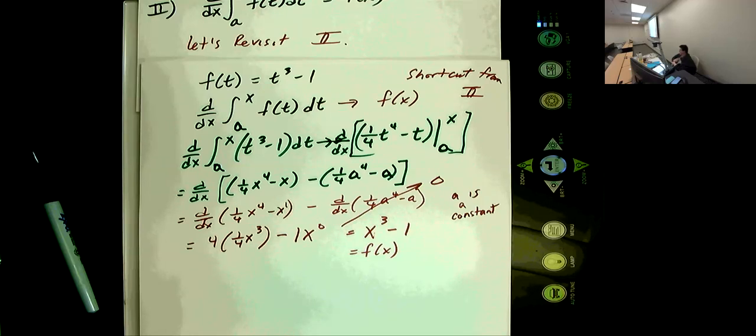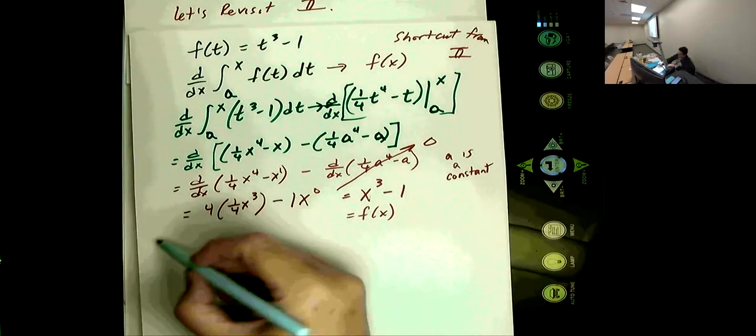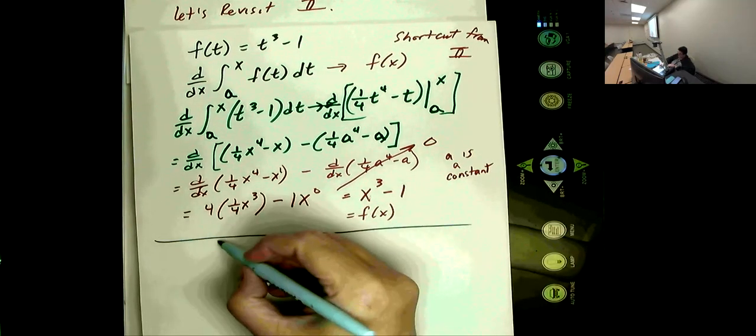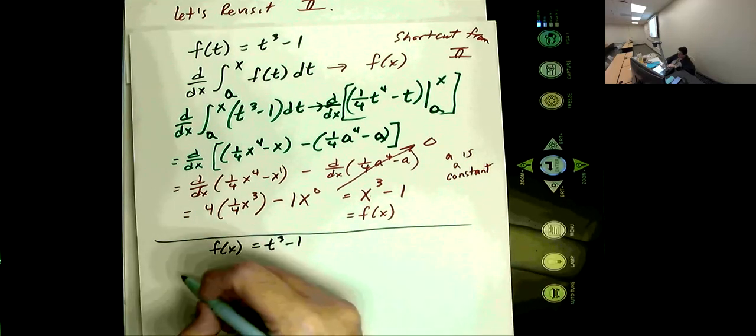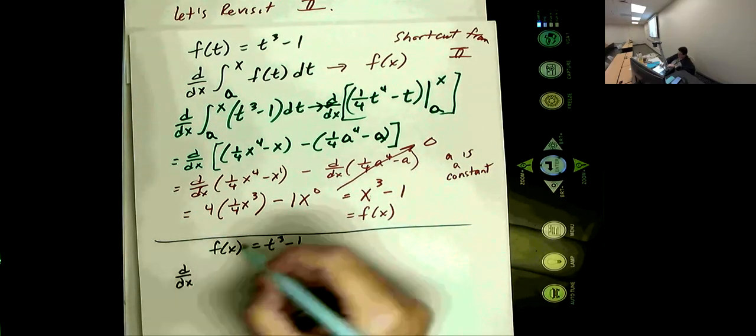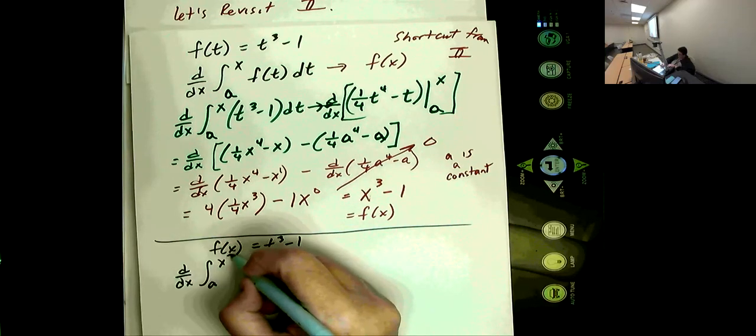But there's a little bit that the fundamental theorem doesn't show us. Let's redo this problem. Same f of x, so we know the integral. This time, let's do d dx of the integral from a to x squared.